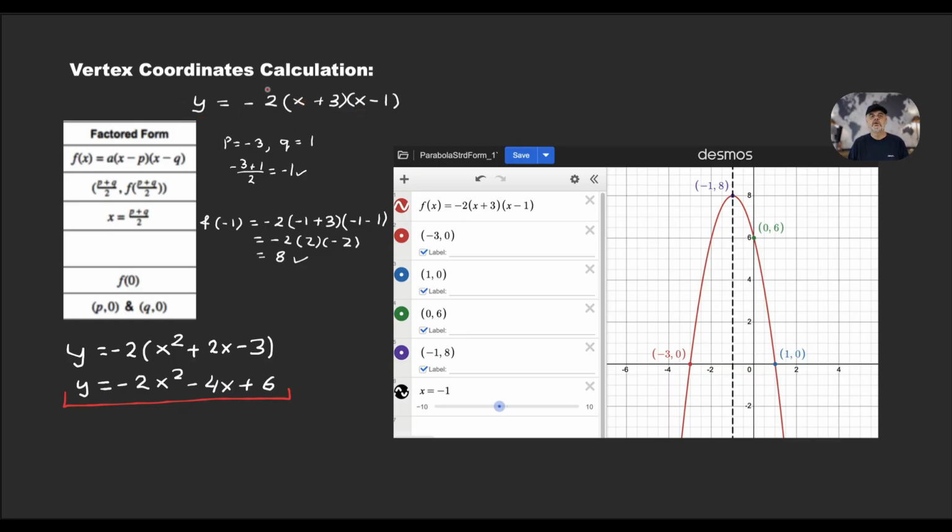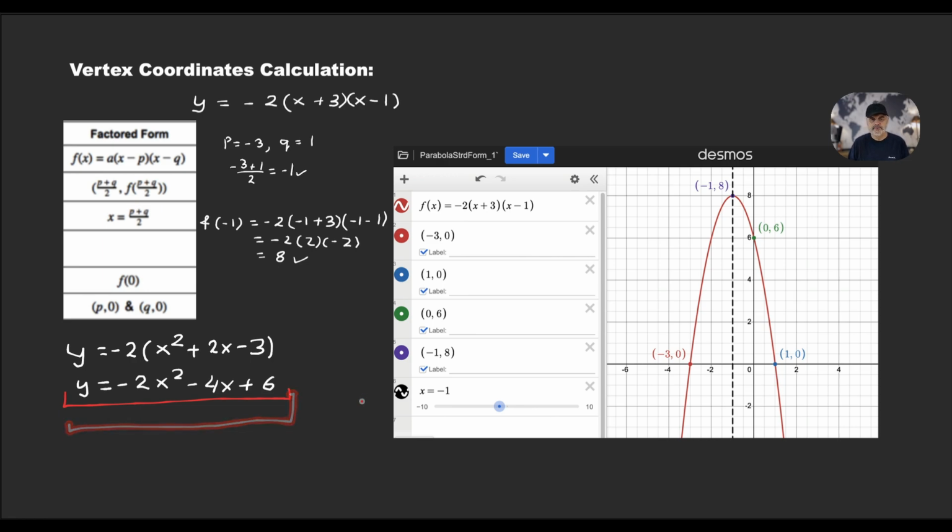You can also convert this equation into standard form by multiplying all those terms together, collecting like terms, and in the end you would get -2x squared minus 4x plus 6. So you can easily convert factored form into standard form and vice versa, because you know that this is factorable.